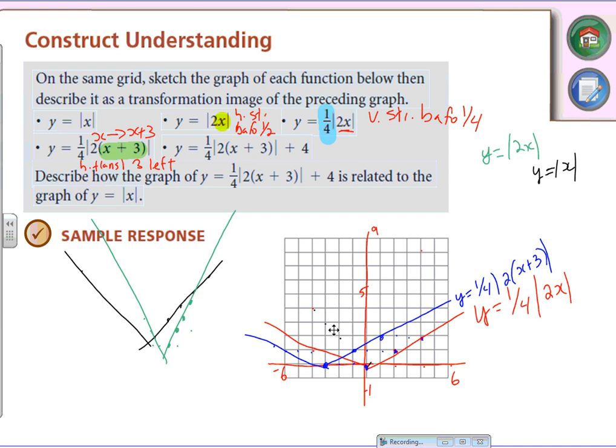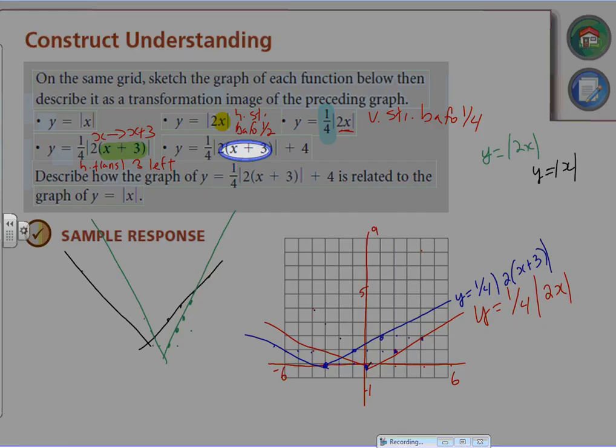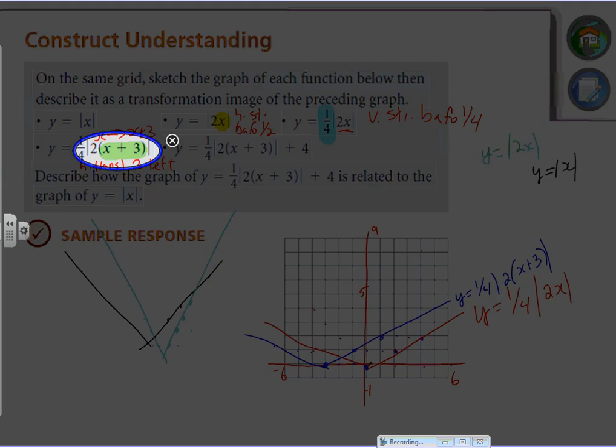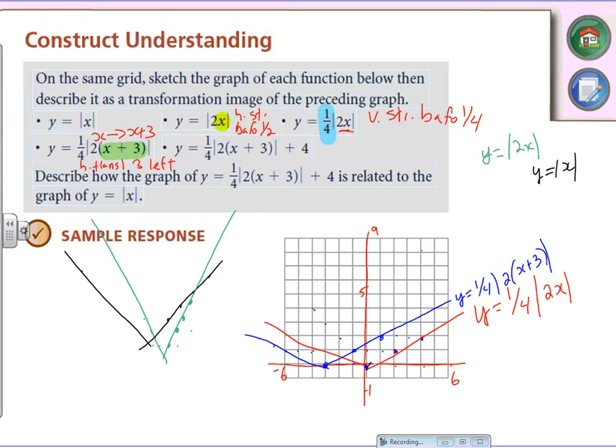Now we're going to take that graph because everything's the same up to this point. So that's all the same right there as we had right here. The only thing that we are doing different is adding on the end a plus 4.